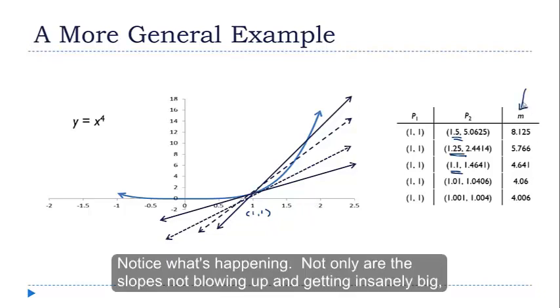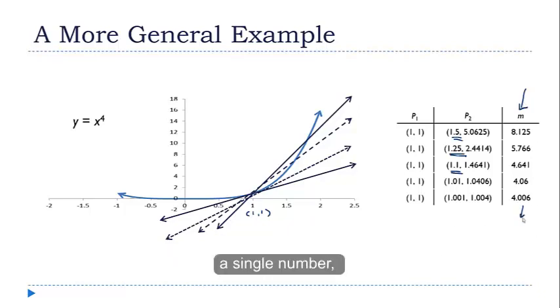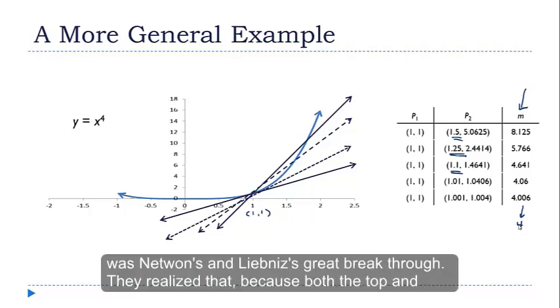Notice what's happening here. Not only are the slopes not blowing up and getting insanely big, they actually seem to be settling down and closing in on a single number, 4. Okay, this was Newton's and Leibniz's great breakthrough.